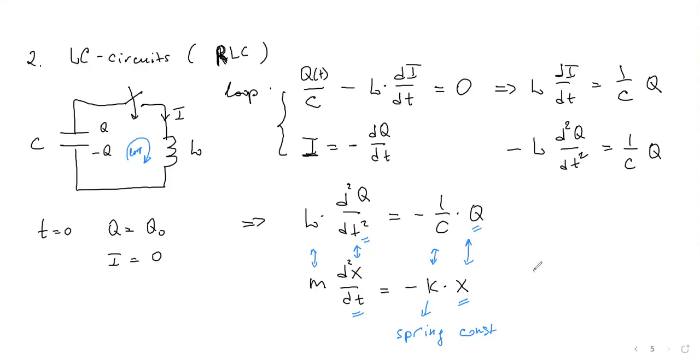So then this system describes the oscillation of mass m attached to a spring of some spring constant k. So we know exactly what kind of solution this is. These are harmonic oscillations, yes? For harmonic oscillations, we know everything, literally.